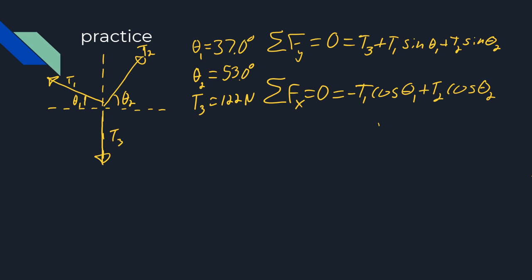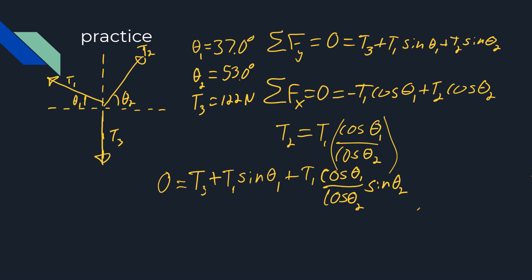Now, notice that I have a system of equations. The first thing that the textbook does is find tension 2 in terms of tension 1 using the horizontal equation, giving us tension 2 equals tension 1 cosine of theta 1 over cosine of theta 2. Now we can plug this back into our original equation for the summation of forces in the vertical direction.